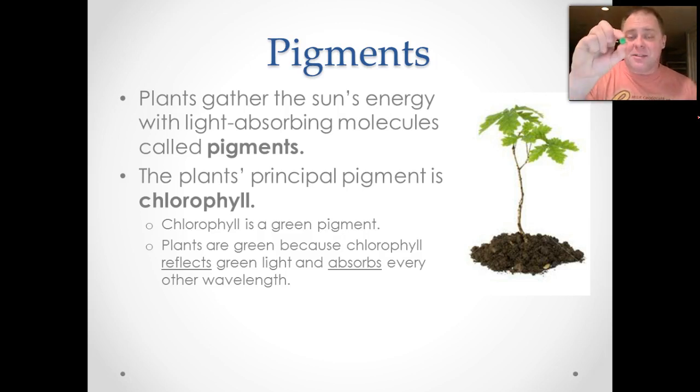This is a green M&M. And a green M&M is going to be reflecting all the green light that hits it and absorbing the rest, much like a plant. So when we look at a plant, like you see in the picture there, plants are absorbing all the other colors of light, or most of them, except for green. So if we had a plant sitting in a room and we exposed it only to green light, chances are the plant's not going to live very long because of that.